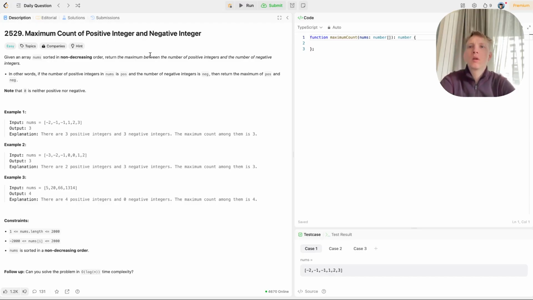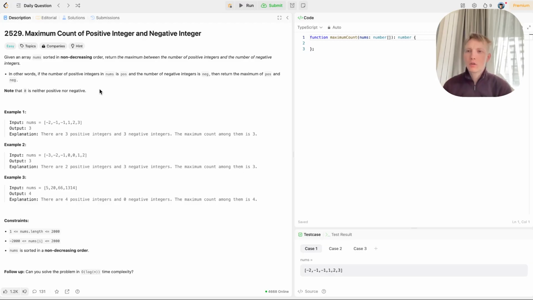In other words, if the number of positive integers in nums is pos and the number of negative integers is neg, then return the maximum of pos and neg. 0 is neither positive nor negative.